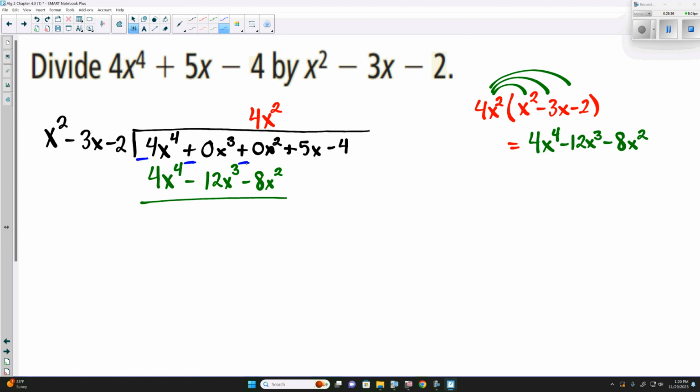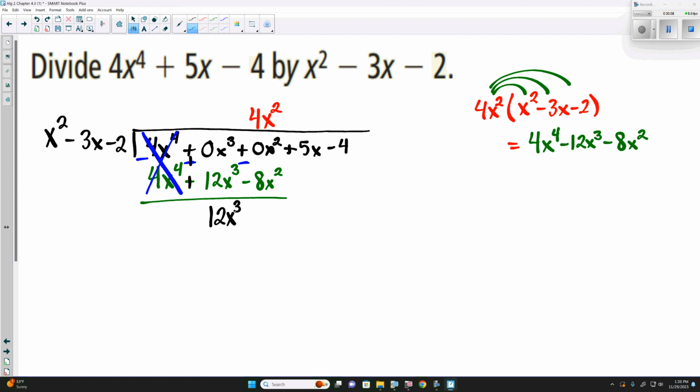And then again, we're going to subtract. 4x to the fourth minus 4x to the fourth is indeed 0. 0x cubed minus negative 12x cubed would be positive 12x cubed, because our negative and negative would make a plus. 0 plus 12 would be positive 12, and then we'd have our x cubed.